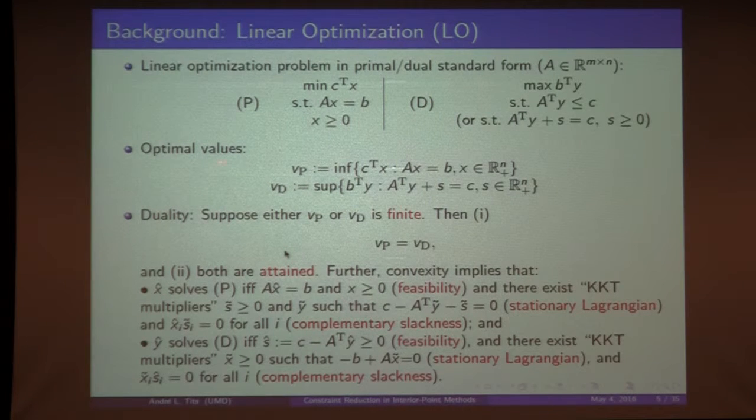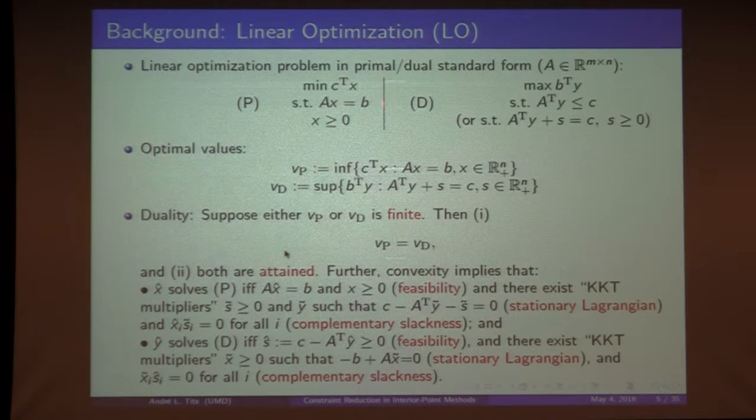Okay. Let's first define the optimal values. The optimal value of this optimization problem is, by definition, the infimum of the objective function subject to satisfying the constraints.